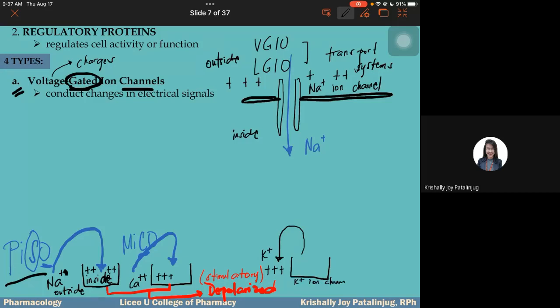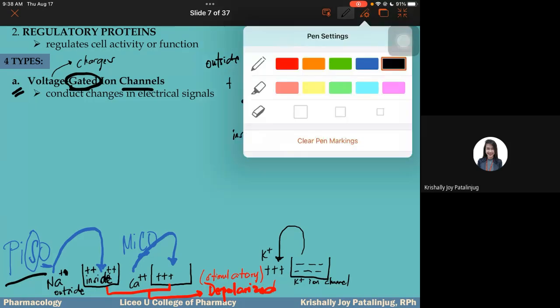So it goes out, making the inside of the cell negatively charged, or that's what we call initially repolarization. Initially. But too much, excessive negative charges inside the cell, that's hyperpolarization. So I will write it later.